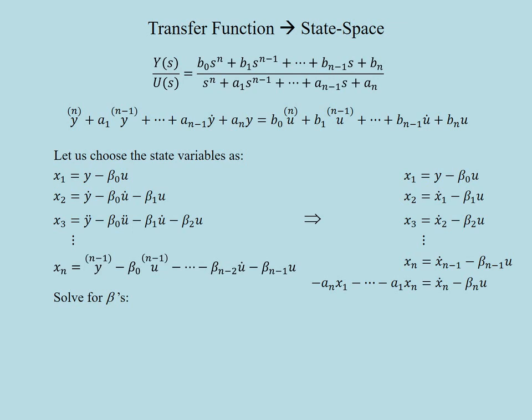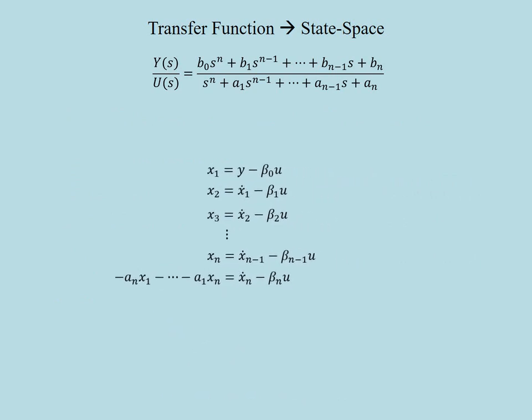To solve for such a set of beta parameters, you can use this last equation and substitute all the state variables x1 to xn as expressed with the derivatives of y and u, and then compare it to the parameters in your differential equation and solve the beta parameters in terms of a and b coefficients.